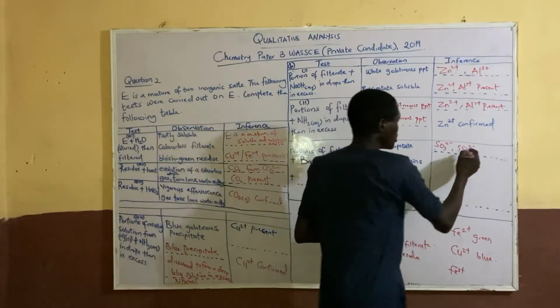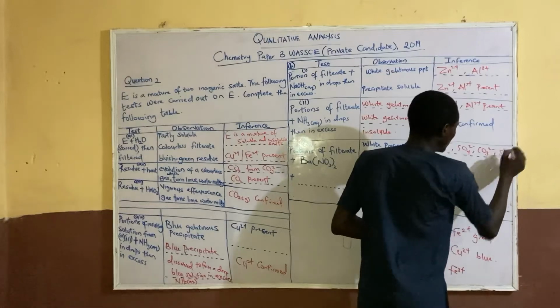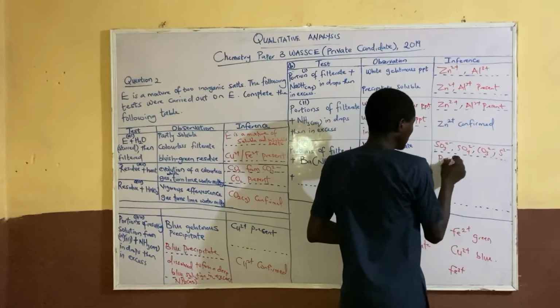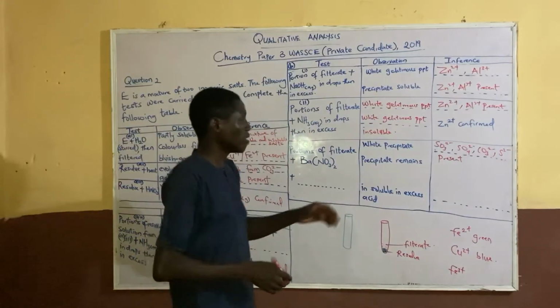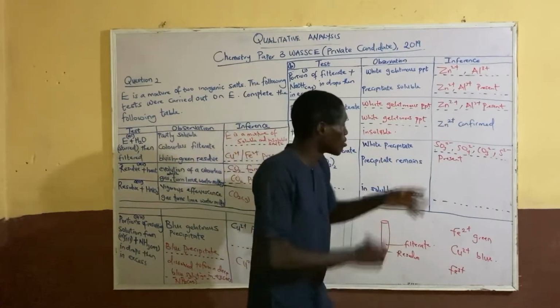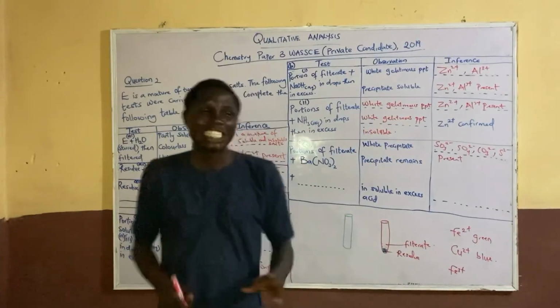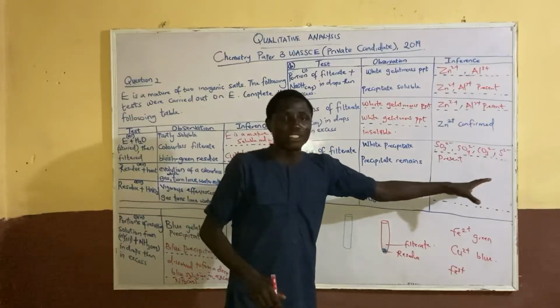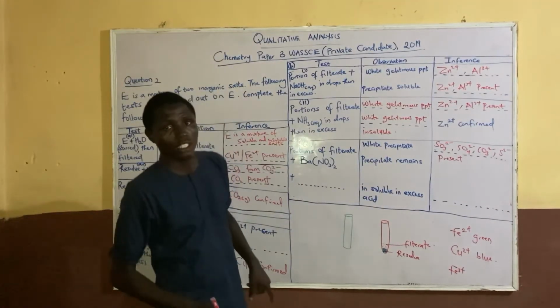So we have CO3 2 minus, S2 minus. Not that they are all present, but there is a tendency to find SO3 2 minus, SO4 2 minus, CO3 2 minus, S2 minus. These are the likely anions that you can find when you add barium nitrate to the filtrate.